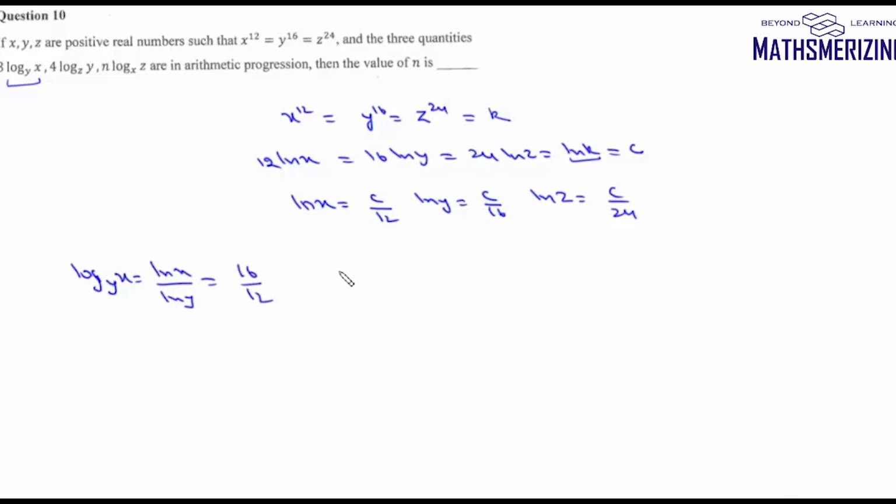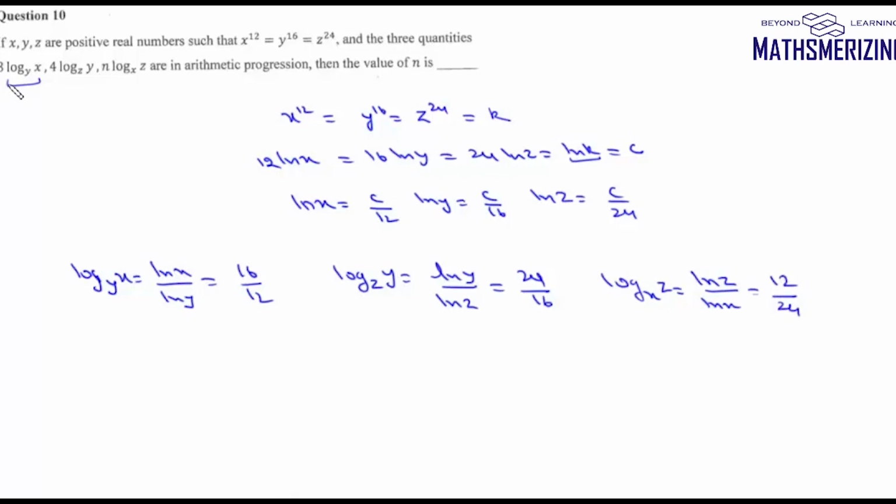In the same way, log y base z will be log y upon log z, which is c by 16 upon c by 24, so it will be 24 upon 16, and log z base x will be log z upon log x, which will be 12 by 24.